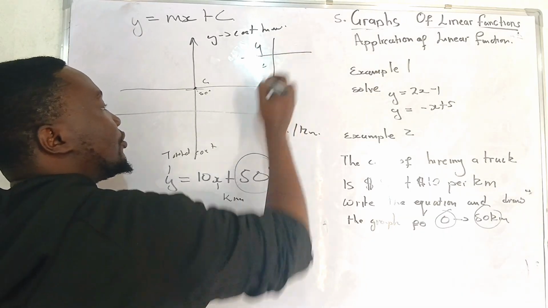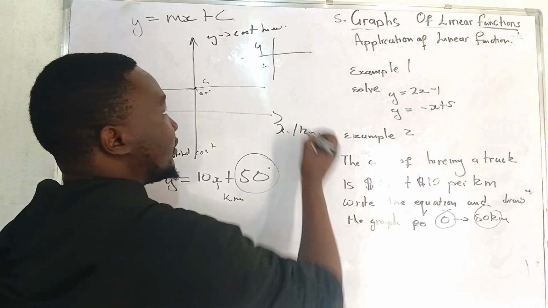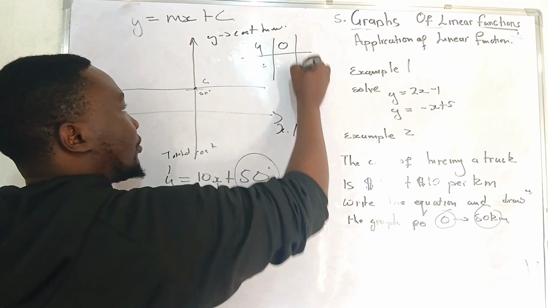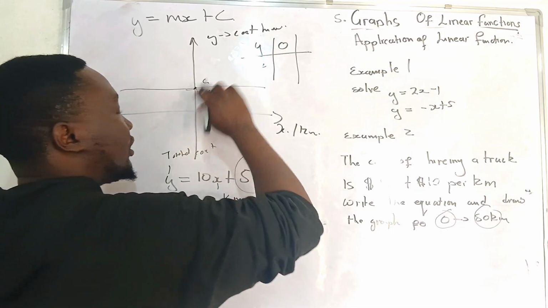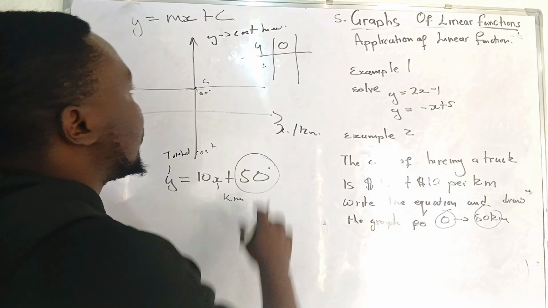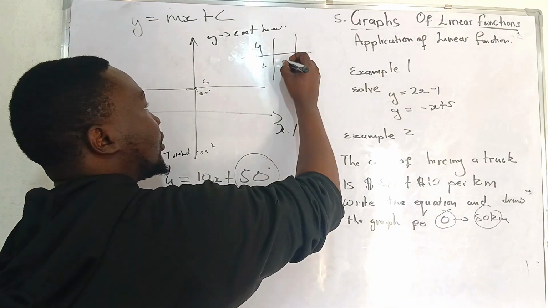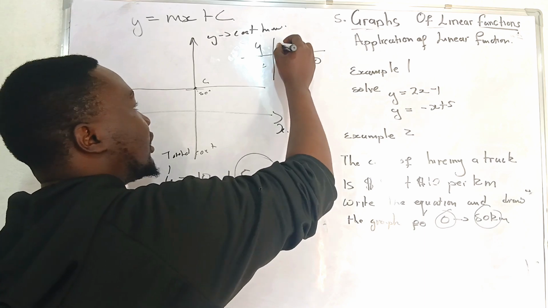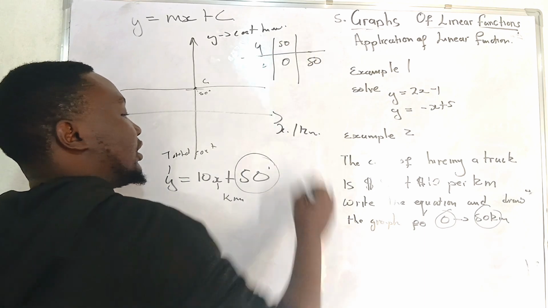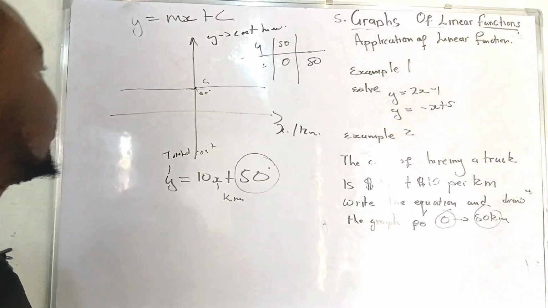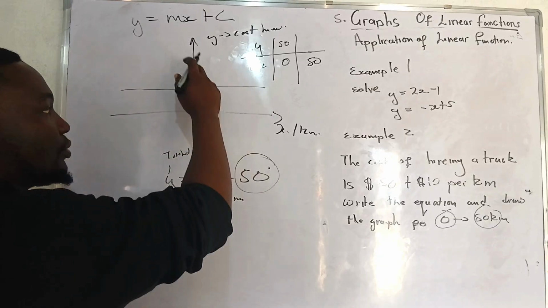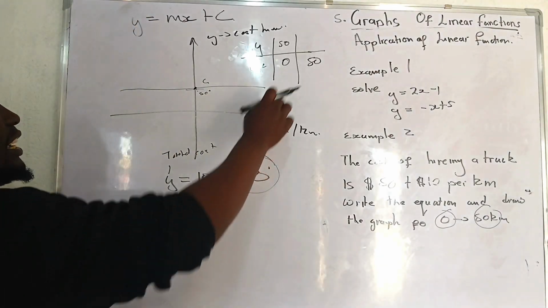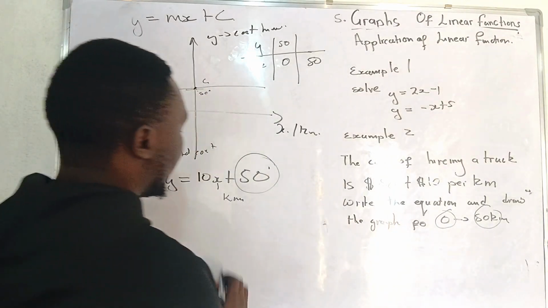When x is 0, y is 50, this point here. Then we take x at 50 kilometers.